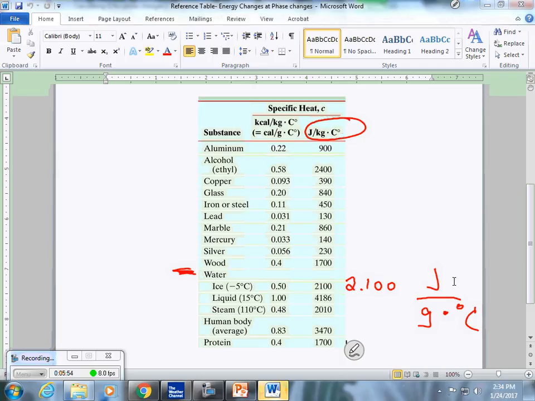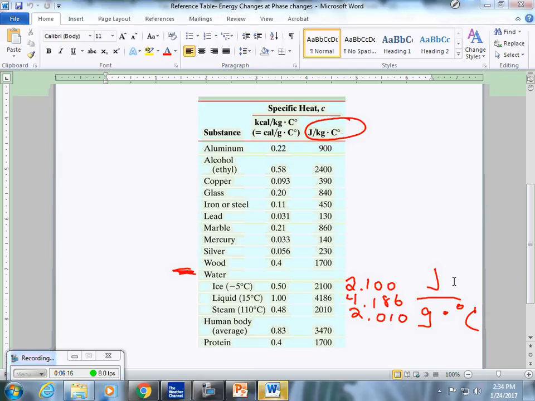For liquid, it's going to be 4.186. And for the gas, for steam, it's going to be 2.010. So go ahead and write that down on your reference table so that you have those values.